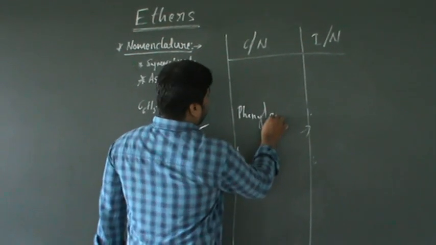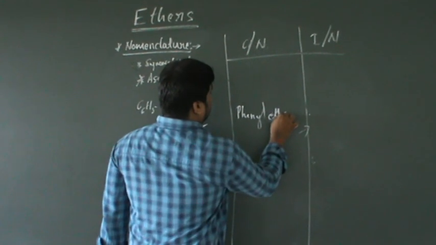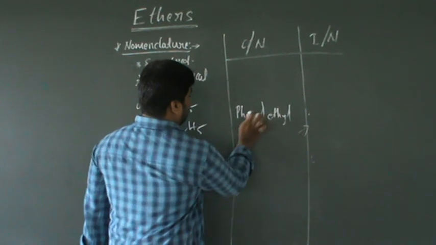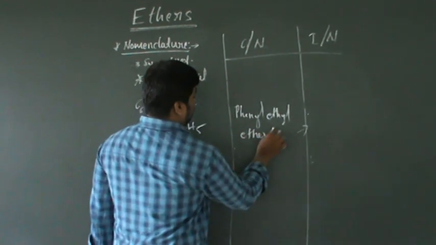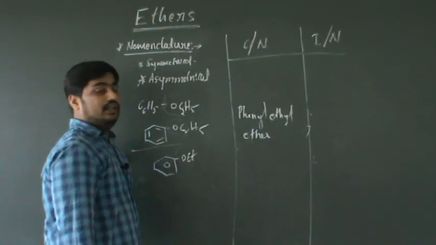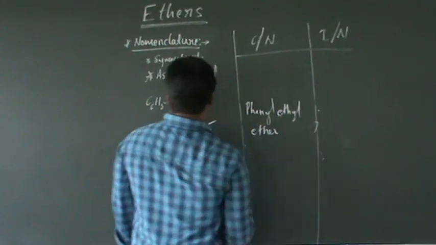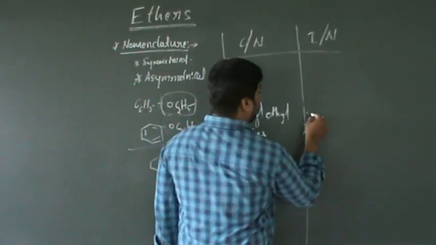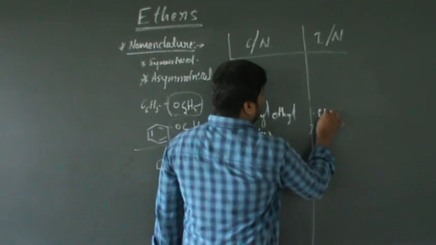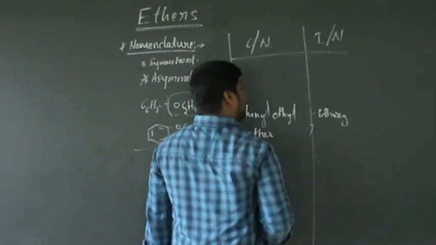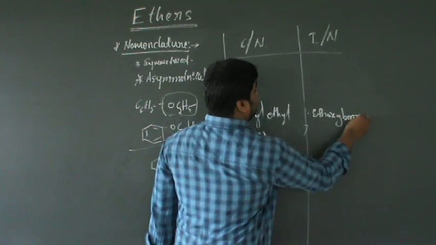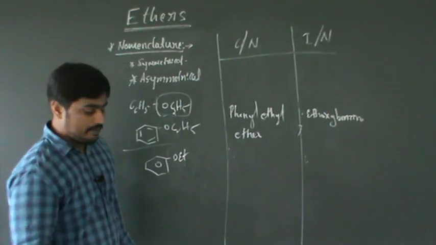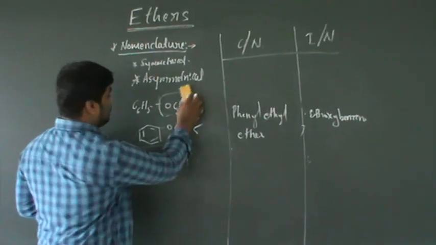The IUPAC name: the smallest part is this part, therefore it is named ethoxybenzene.